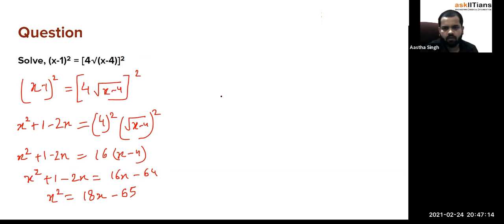Yeah. So hence it becomes x square minus 18x plus 65 is equal to 0, right?